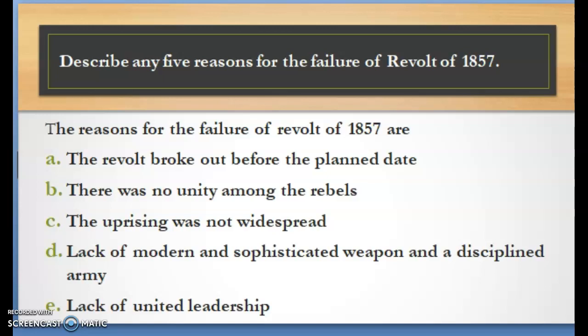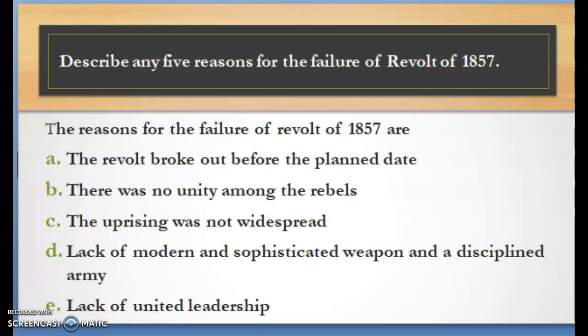Rani Lakshmibai was fighting for her kingdom. The peasants were fighting to free themselves from the exploitation of the Britishers. The people were fighting, but they did not have a single ideology with which they could fight for a longer period and throw the Britishers out of India.